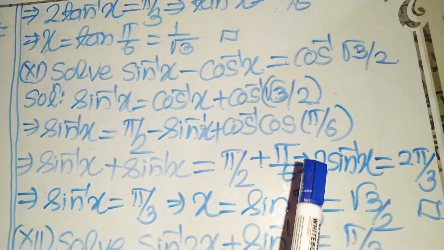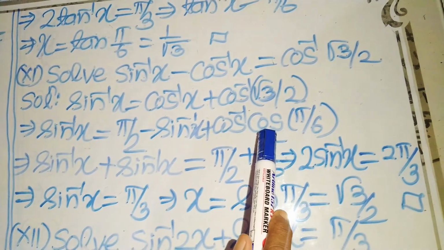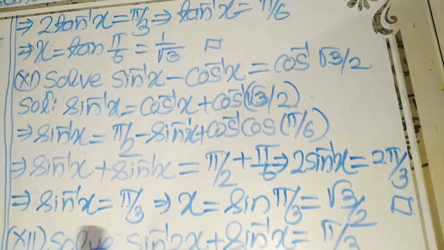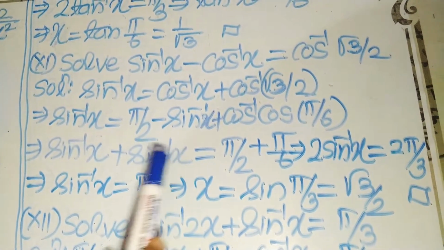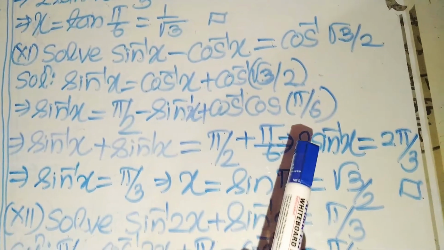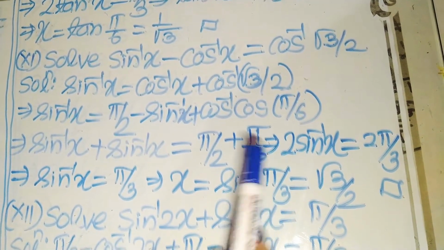Then in place of root 3 by 2 you can write cos pi by 6. So sin inverse x is equal to pi by 2 plus pi by 6.